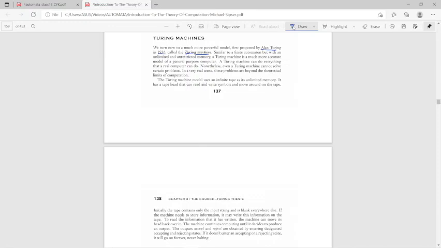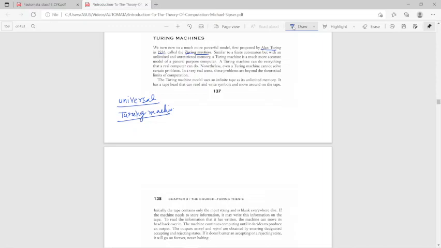Actually, you can say universal Turing machines; we will study that. A universal Turing machine is equivalent to our general purpose computer, not just the Turing machine. That is nothing but a mathematical model of a general purpose computer.